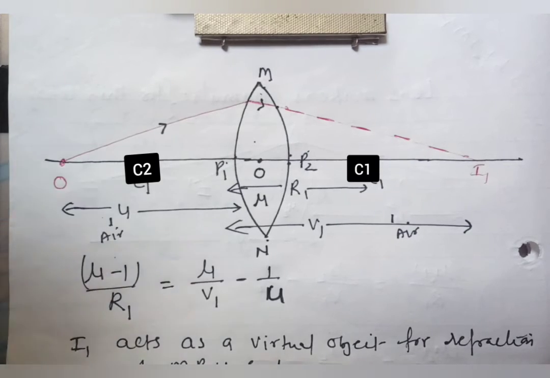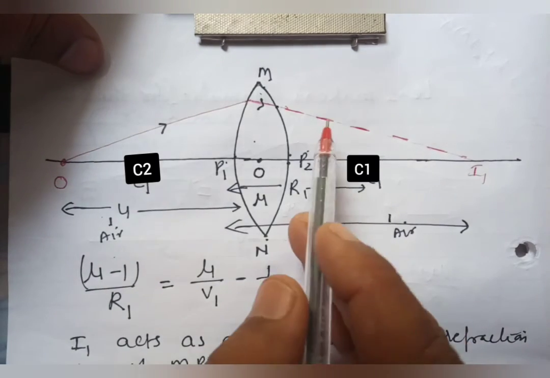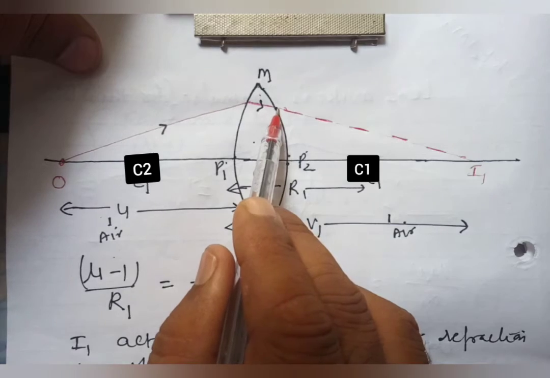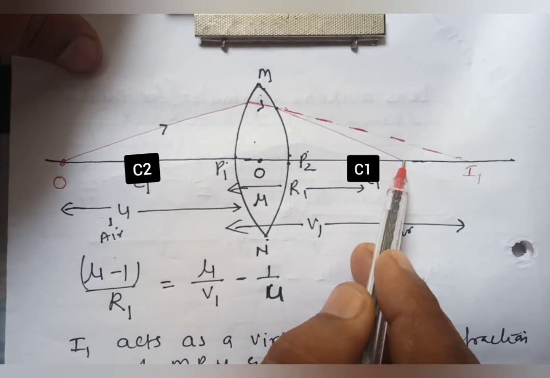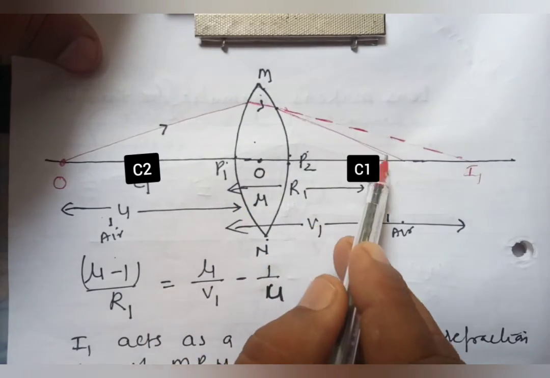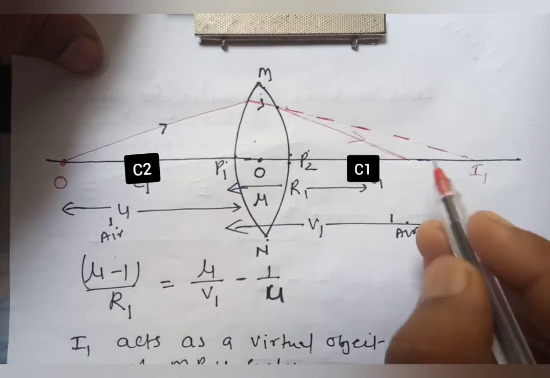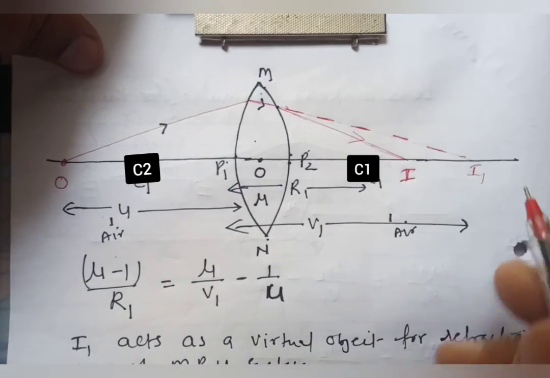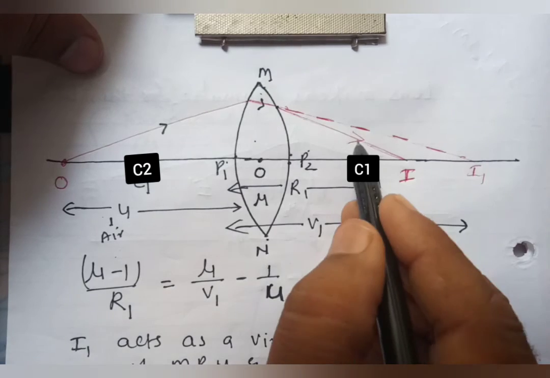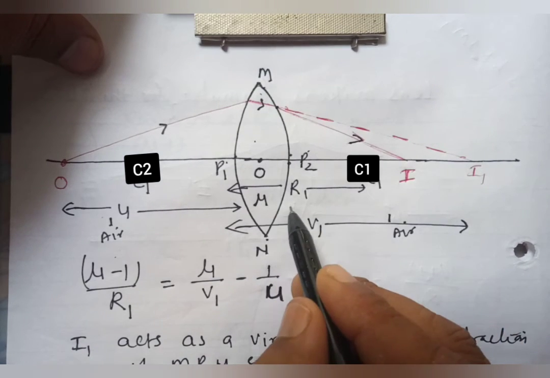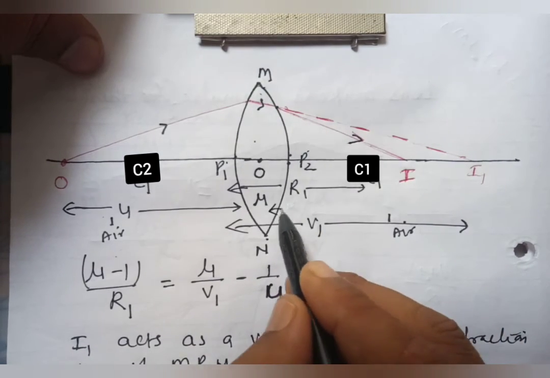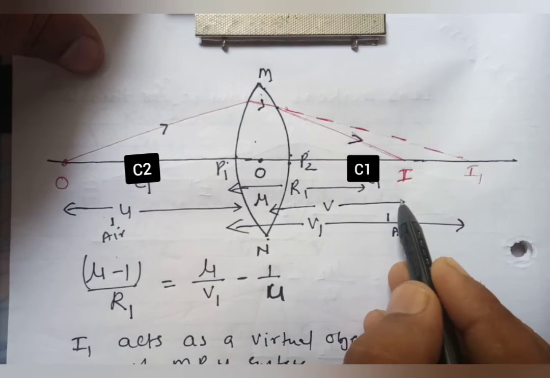The final image is formed at this point, and we consider this distance as v.